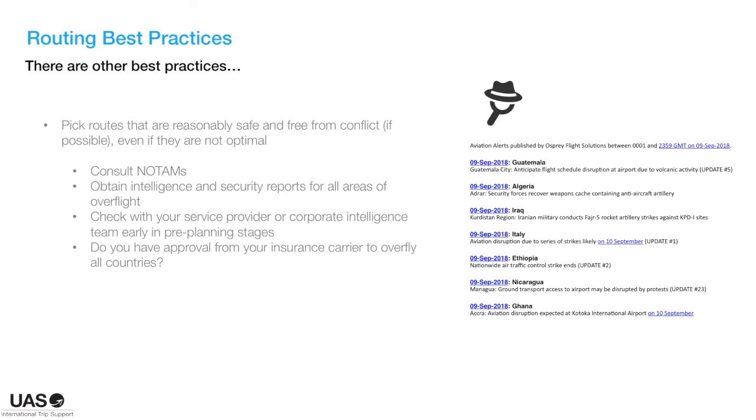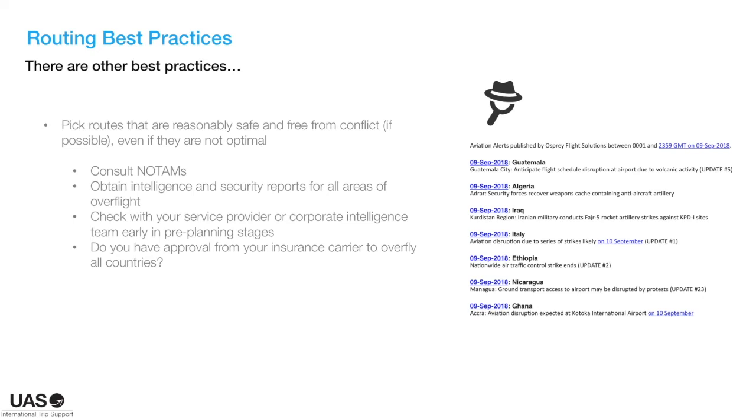You do this by consulting the NOTAMs, obtaining intelligence and security reports for all areas of overflight, by checking with your service provider or your corporate intelligence team early in the pre-planning stages, and making sure you have approval from your insurance carrier to overfly these countries. So you need to avoid military action areas, areas of civil unrest, war. And it's not just for overflight, but the question is, what if you were forced to land?